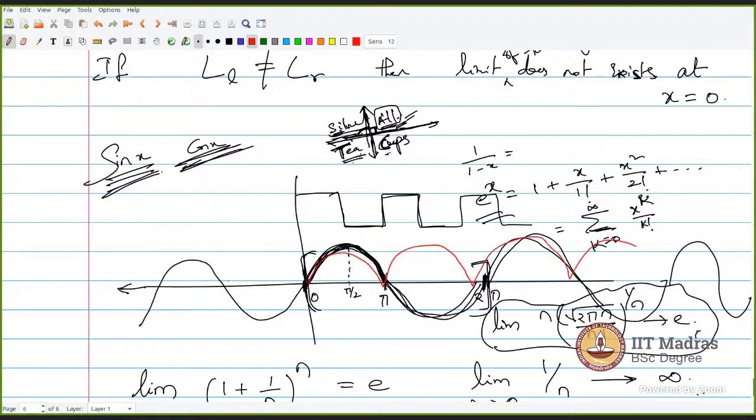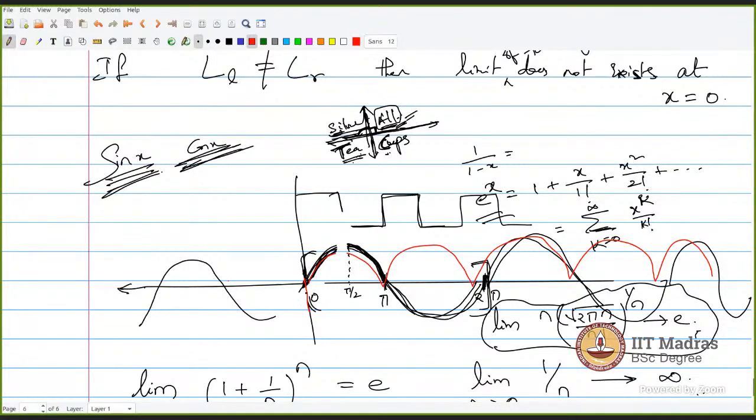Sir, the period of tan is pi, no? The period of tan will be 2 pi, right? Pi, from minus pi by 2 to pi by 2. Yes, pi. But the idea is where it touches the x-axis, can we say that is the period?